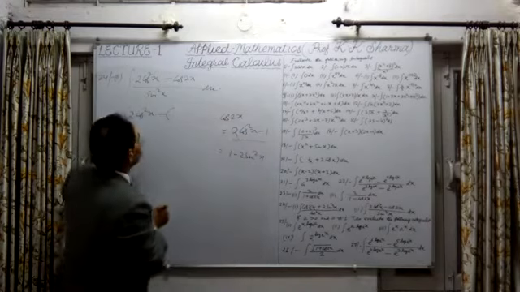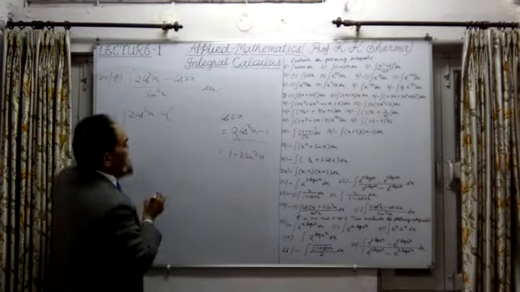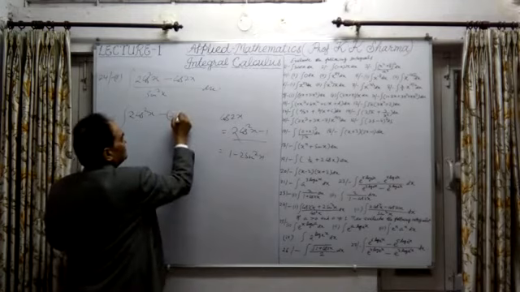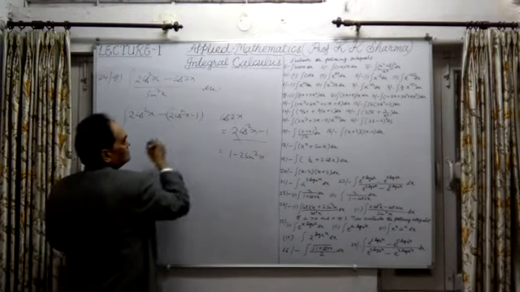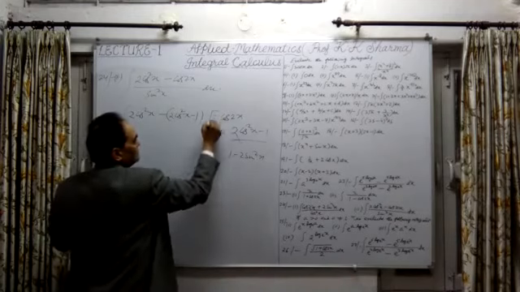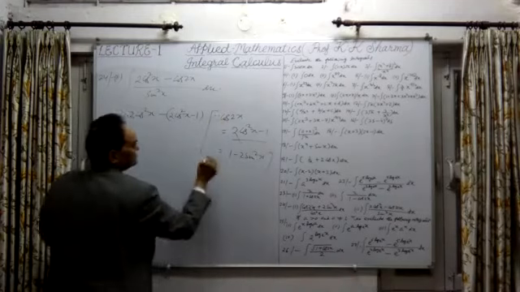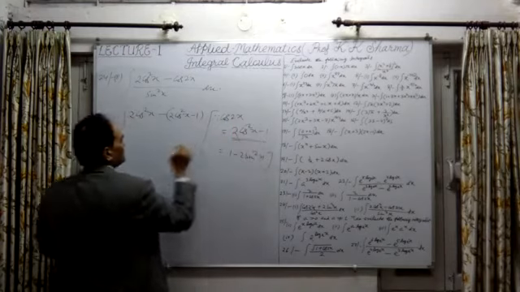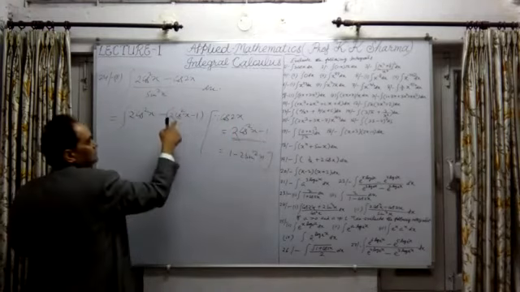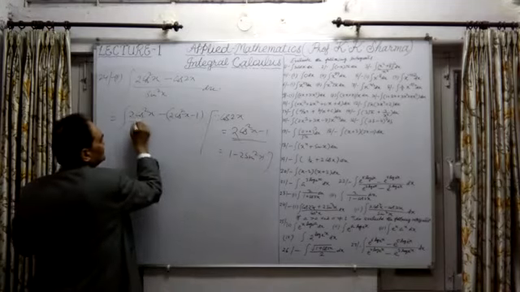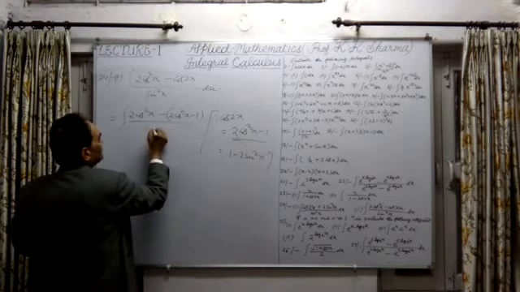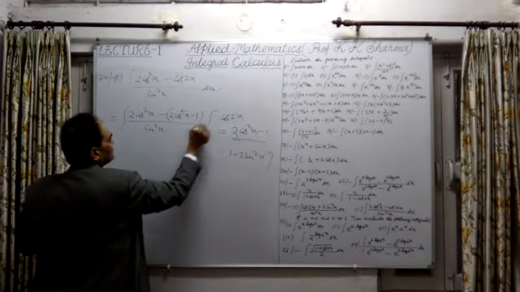In place of cos 2x we have to replace it by 2 cos square x minus 1, since from the trigonometric identity this we know. So in place of cos 2x we replace by 2 cos square x minus 1, divided by sin square x into dx.